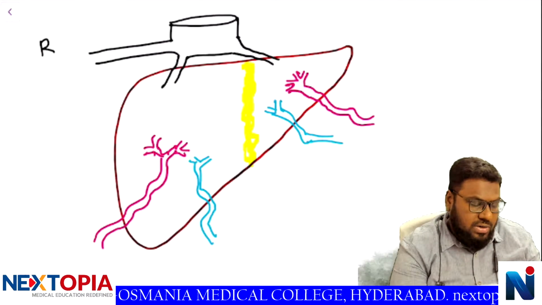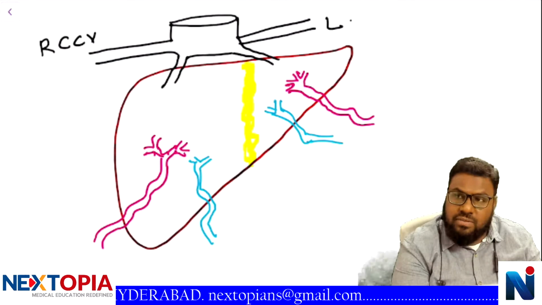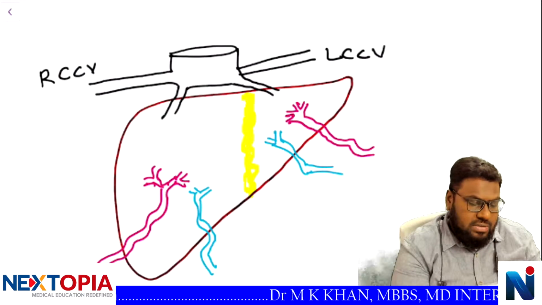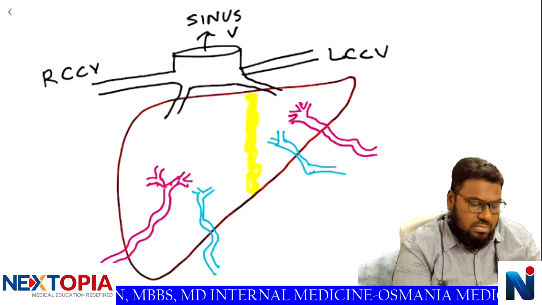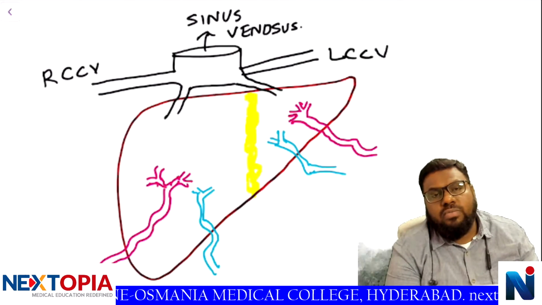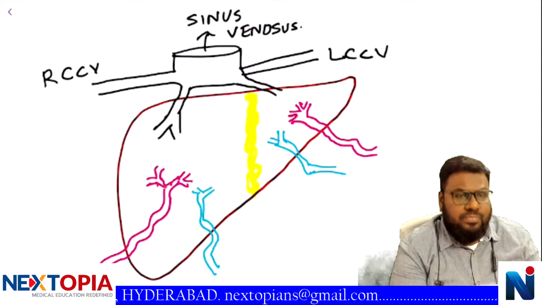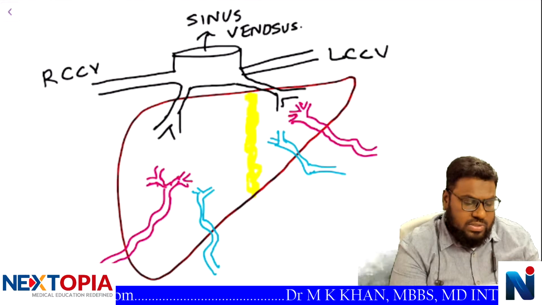This is the sinus venosus, which is draining into the heart. This derives from the branches of the sinus venosus.